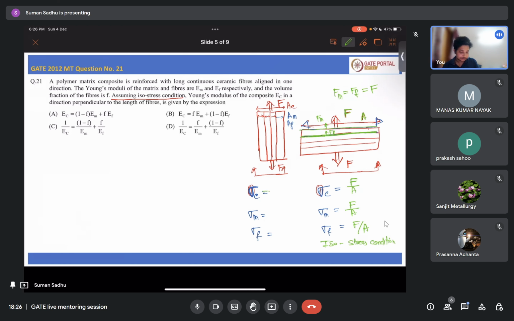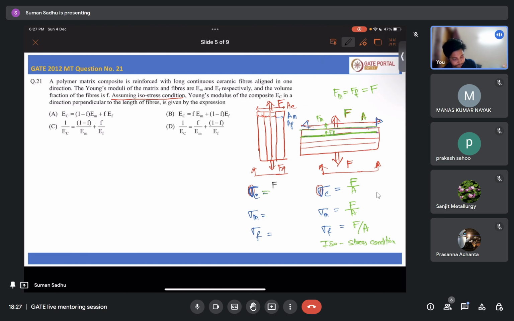And in this case, if you are loading in the longitudinal direction, what will be the sigma c value? F divided by the total value of AM plus AF.